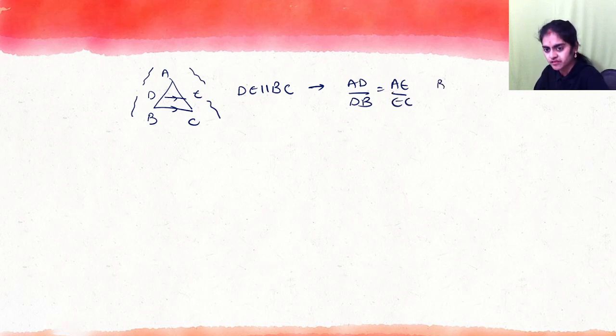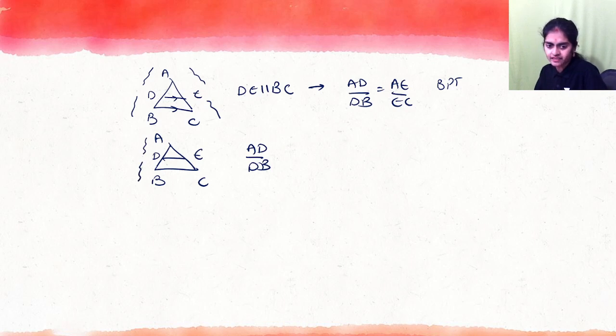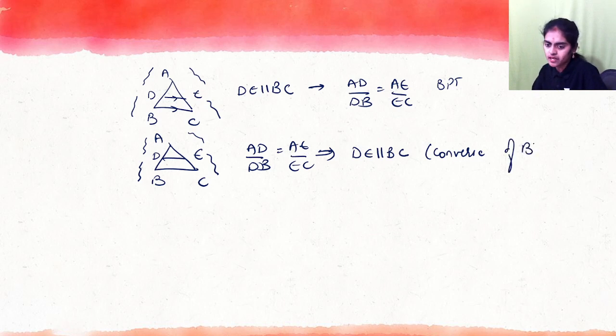This is BPT, basic proportionality theorem. Now, converse of BPT says if you have a triangle ABC and there is a line DE, and this line is dividing one side AB as AD by DB and AC as AE by EC, if these two ratios are equal, then you can say that this line is parallel to the third side. This is called converse of BPT.